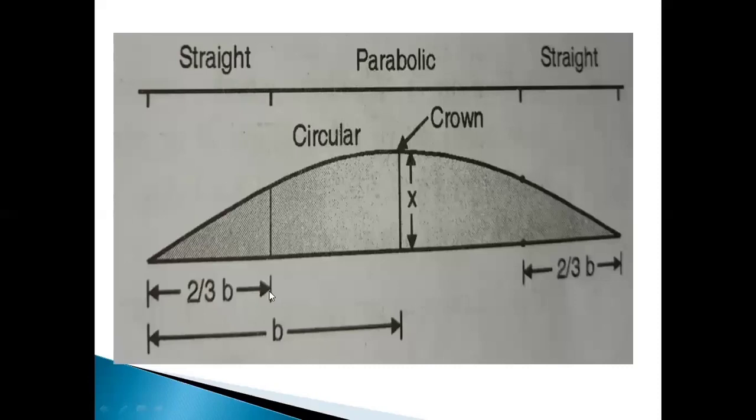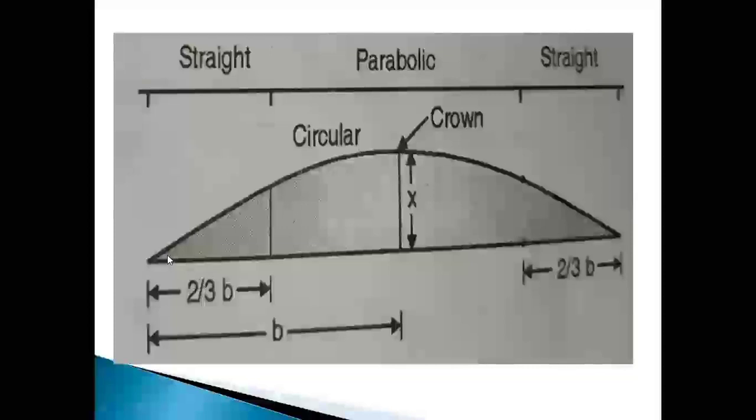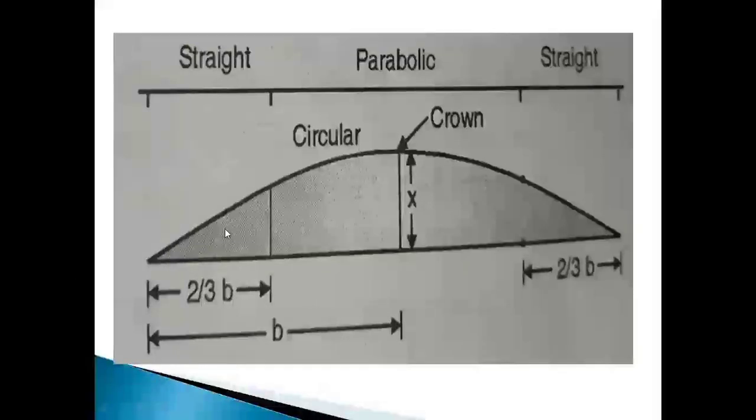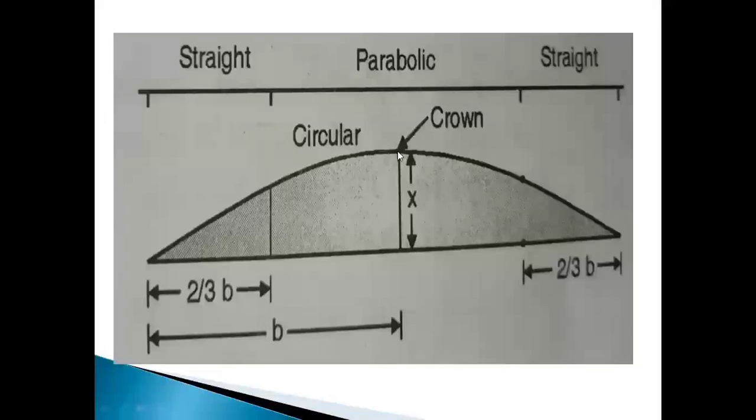Now see, it is a composite camber. In that, the shape of camber is two straight slopes at the distance 2/3 b, where b is the half width of camber or carriageway. 2/3 b is the straight slope.